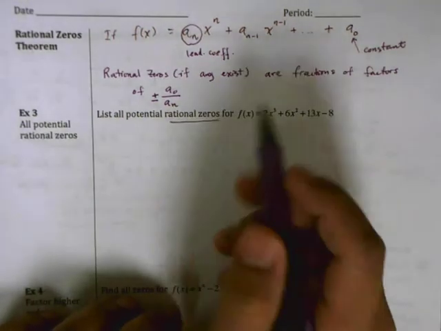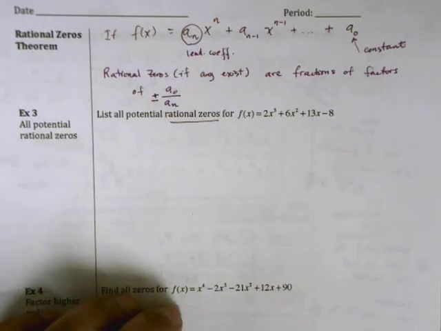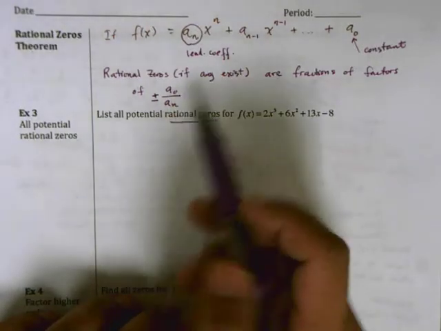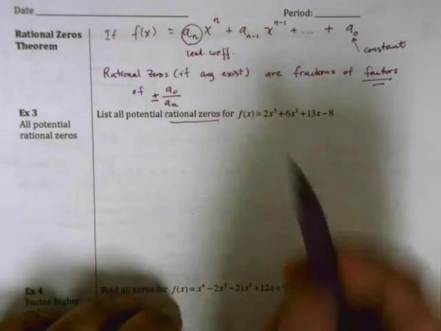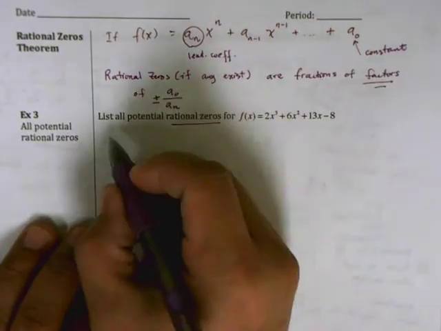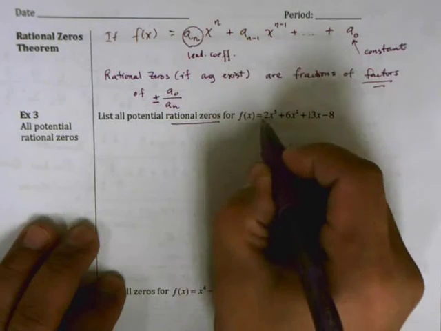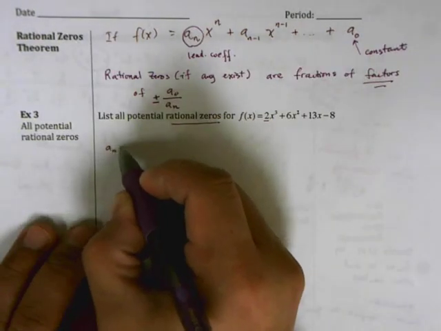So rational zeros may or may not exist, but if they exist, they have to take this form. And the key word here is they're factors of this. Okay. So we're going to look at the leading coefficient, which is 2. So a sub n is equal to 2.